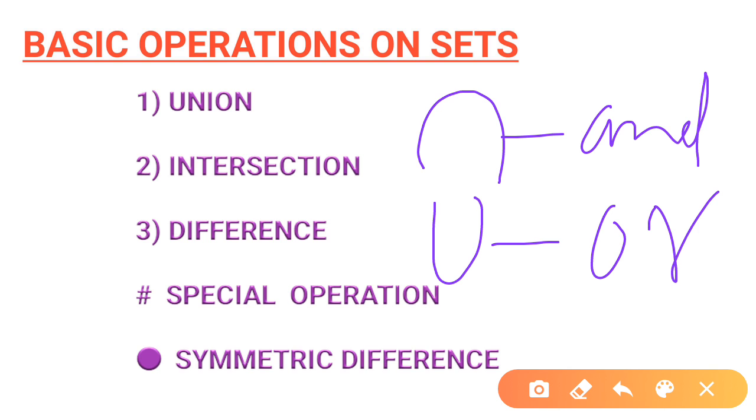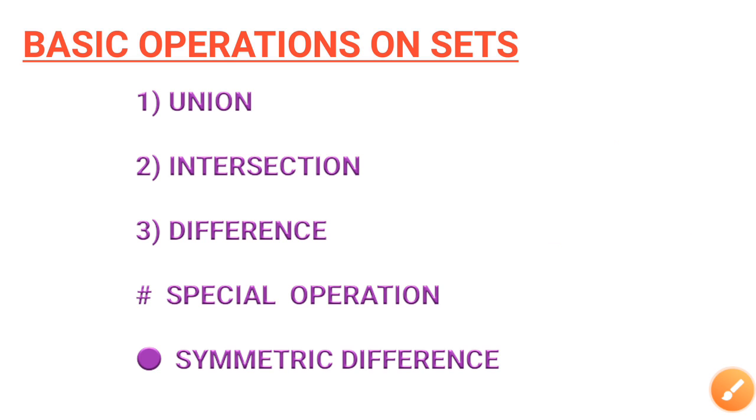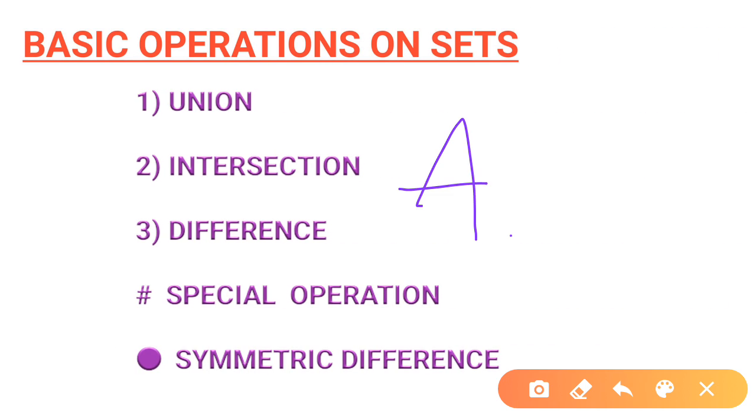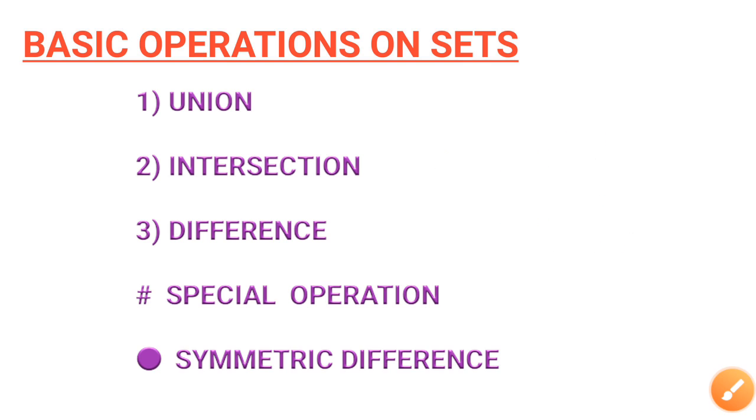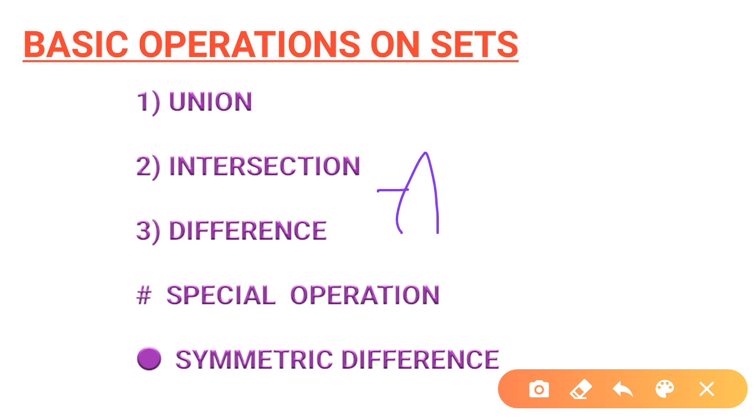A or B means A union B only, right? A and B means A intersection B. In set theory, A intersection B means A and B, otherwise A or B means A union B, right?